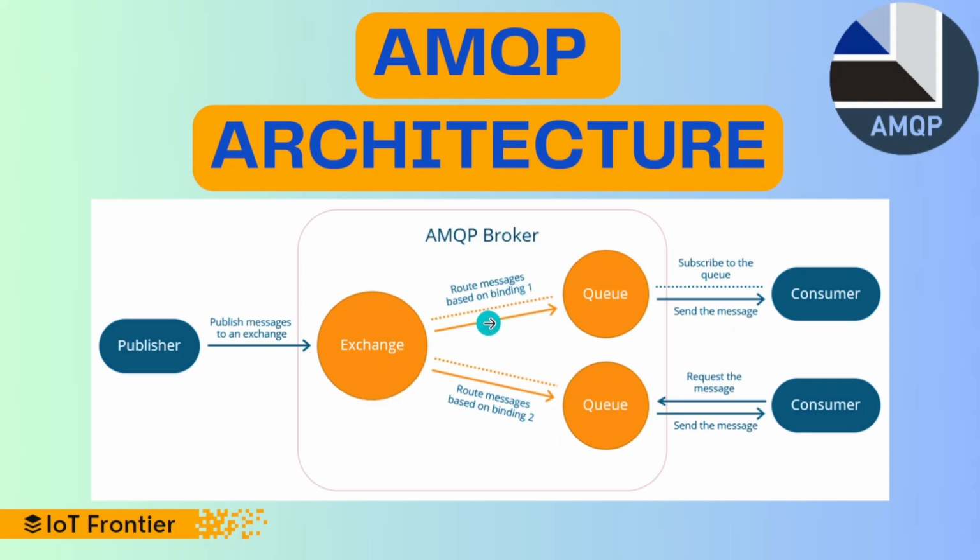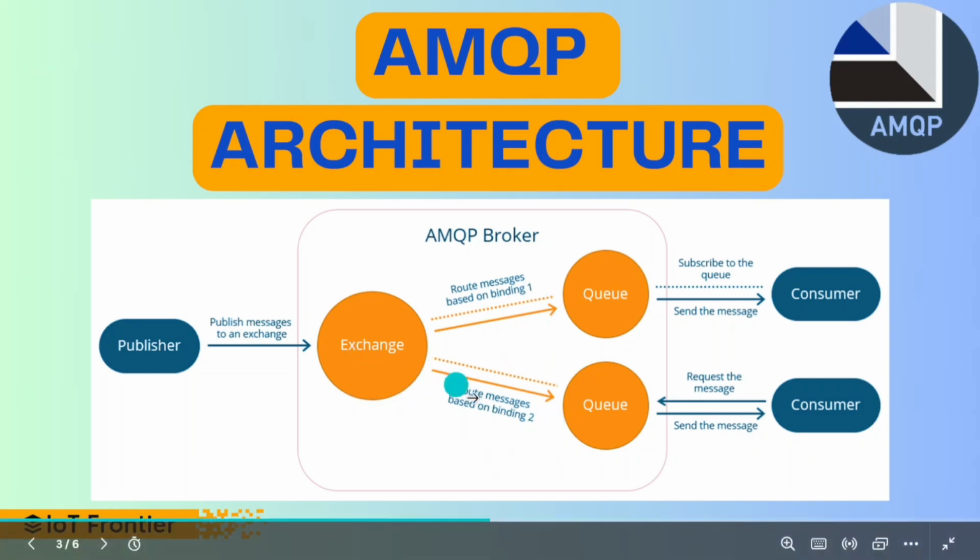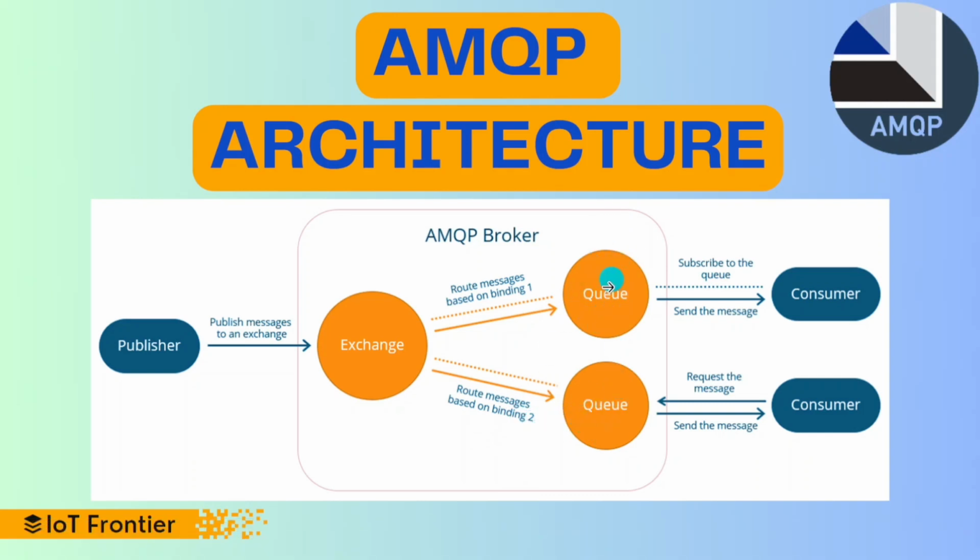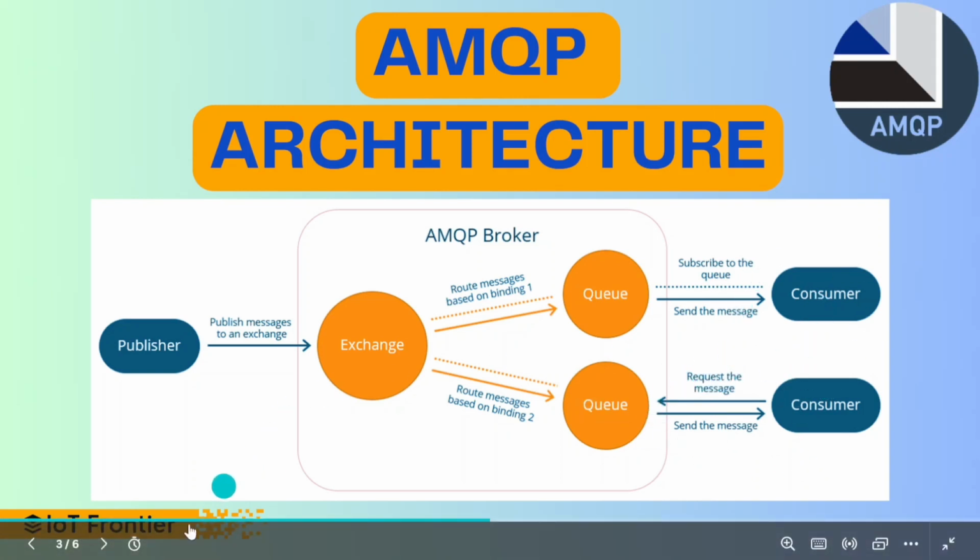So we'll see in an example how this binding works, and also you can see the routing of messages based on binding number 2 is going to this queue. Once this queue receives it, one has to subscribe to that queue using the consumer client. So when they subscribe to the queue, they should be able to get the messages. Or they can also request a message from the queue like this.